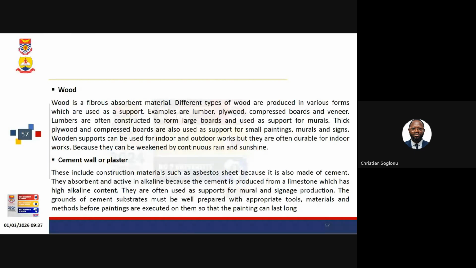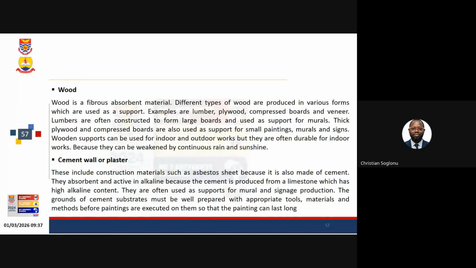Lumber is often constructed to form large boards and used as support for murals. Thick plywood and compressed board are also used as support for small paintings, murals, and signs. Wooden supports are best used for indoor works because they can be weakened by continuous rain and sunshine.